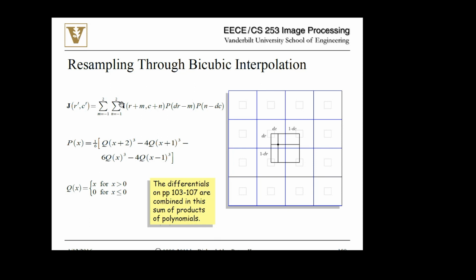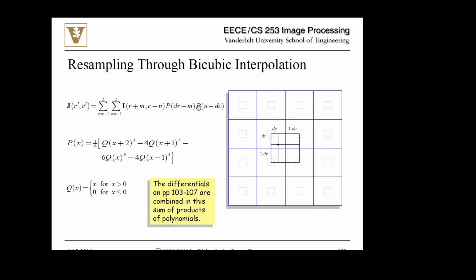So we have all the pixel values, and then the product of two polynomials. Before they were of degree 1, now they are of degree 3. And we have the fractional part with respect to the pixel that you're considering. So these are the fractional parts.